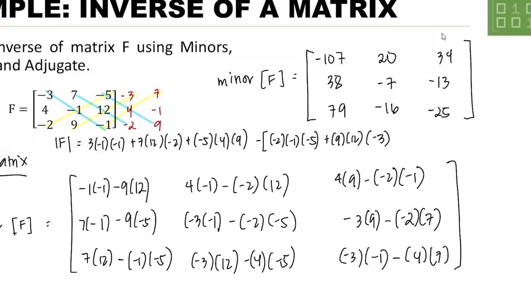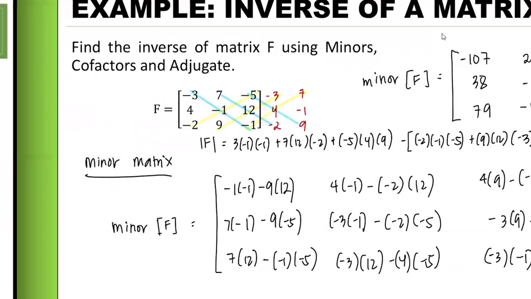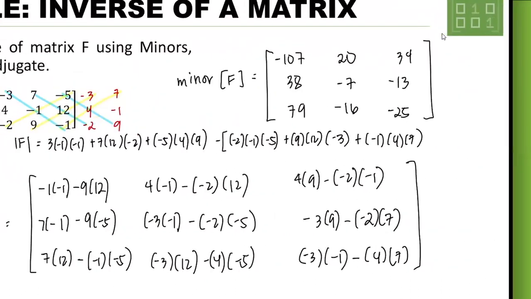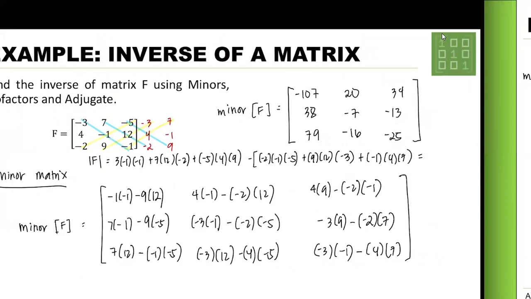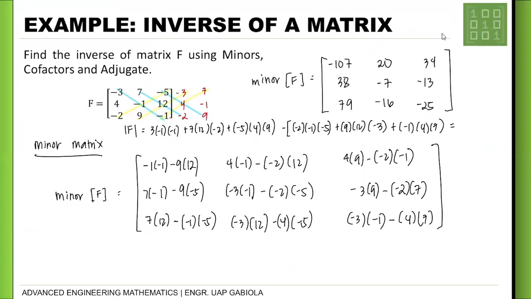Then last is plus negative 1, 4, and 7. Okay? So, upon simplification, so ilan yan?